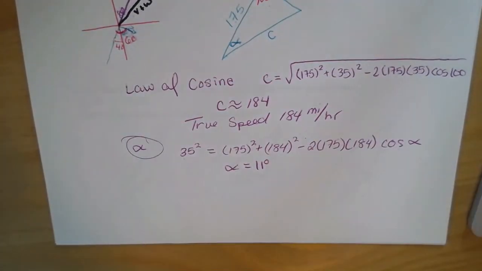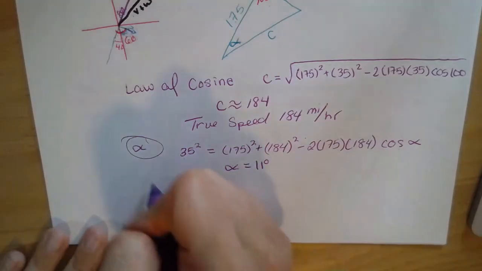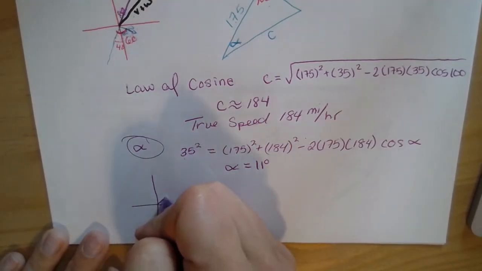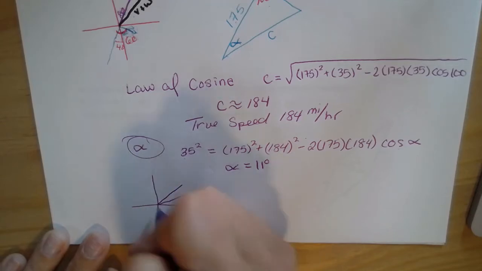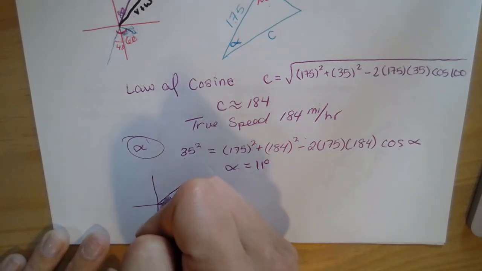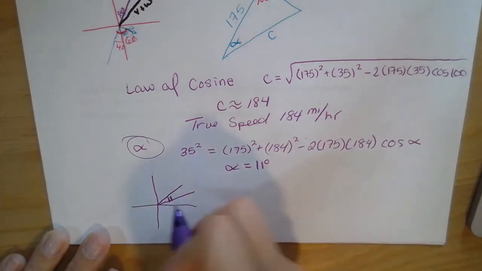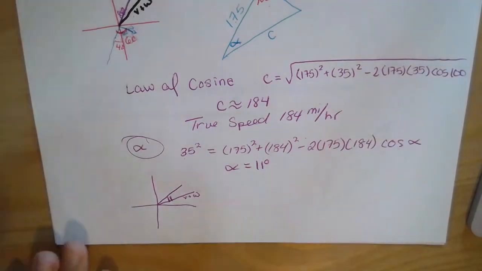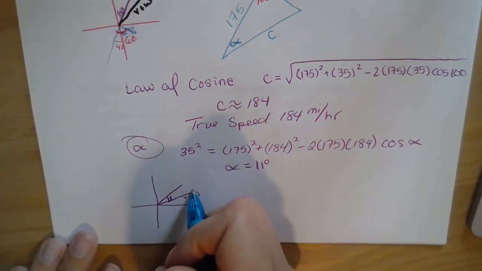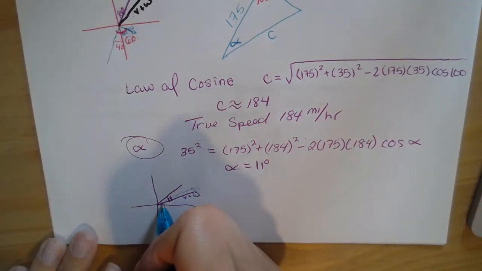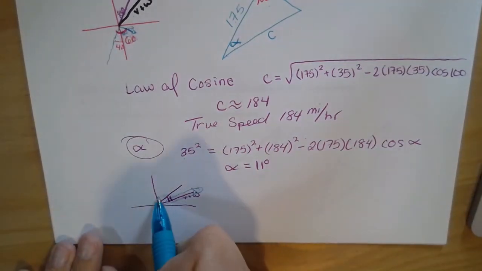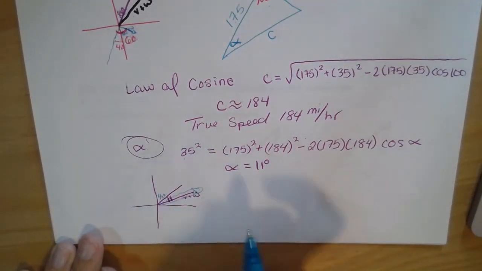The true bearing has direction to it. So let's keep in mind, let me graph this so you can see. So my angle right here is 11 degrees, right? And this is my V plus W. So this is the one that I want to make a true bearing with, okay? So we also know that this is 40, right?